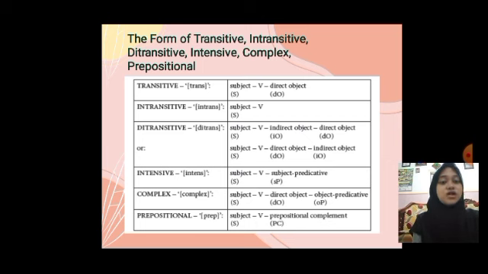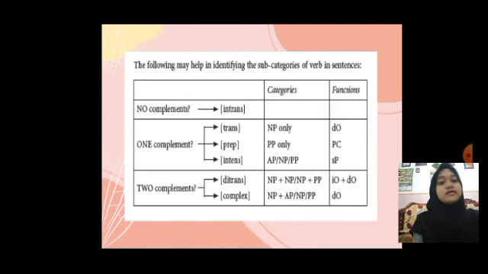Intensive, subject, verb, subject predicative. Complex, subject, verb, direct object, object predicative. And lastly prepositional, subject, verb, prepositional complement. The following might help in identifying the subcategories of verb in a sentence. You can see this.